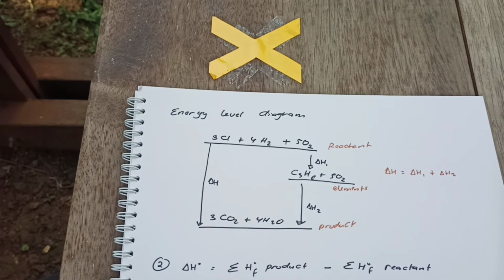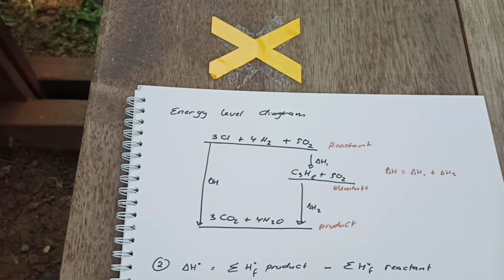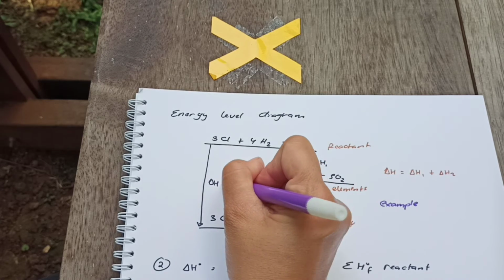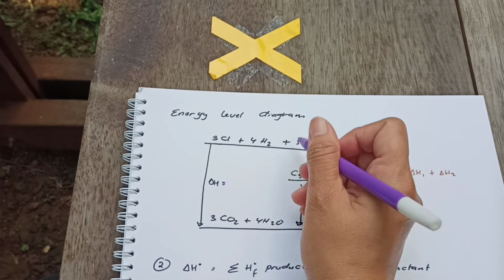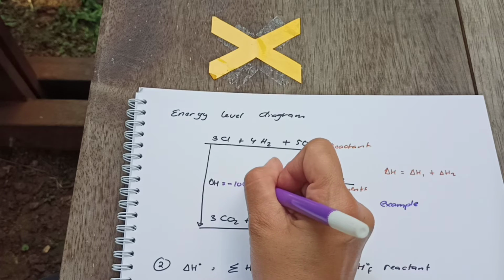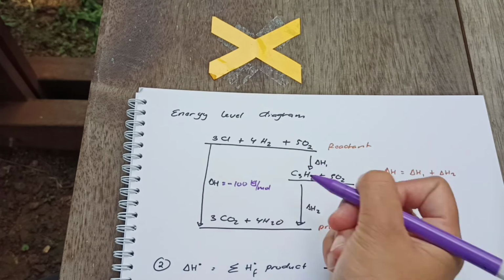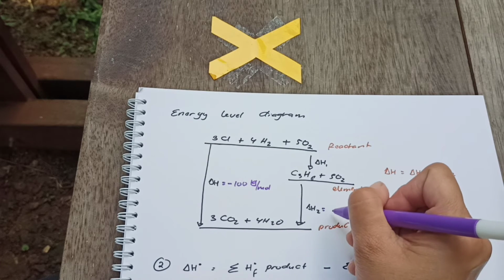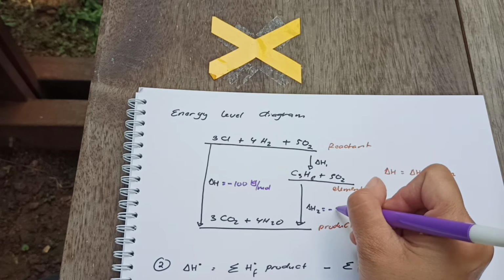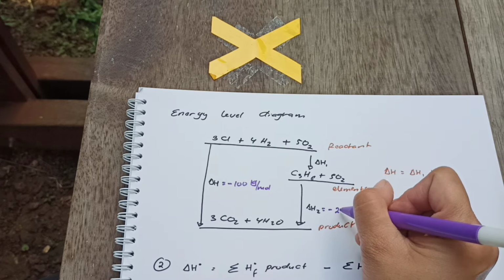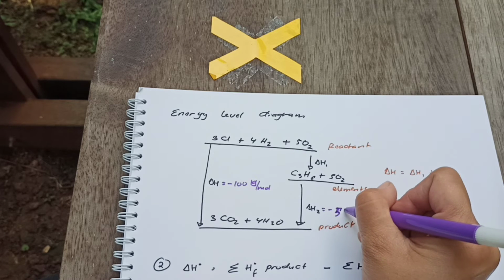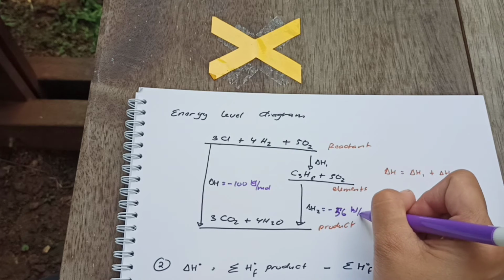Let's say delta H is, I'm going to use another color here as an example. Let's say this delta H is a burning process, so minus 100 kilojoule per mole. Then you are also given this part, which is, let's say, 56 kilojoule per mole.